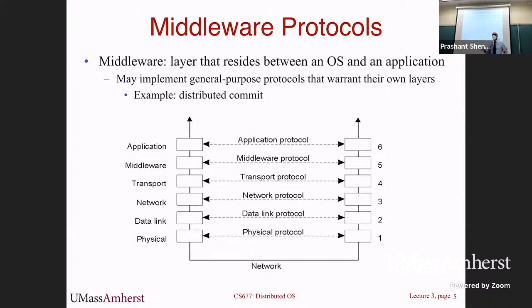There can be all kinds of services you can provide at the middleware layer. That's something we will keep in mind. But for today, we will not assume any middleware. We'll just assume you have a TCP/IP stack, and you want to build a distributed application that has to communicate over a network. How are we going to do it? That's really what we want to understand.